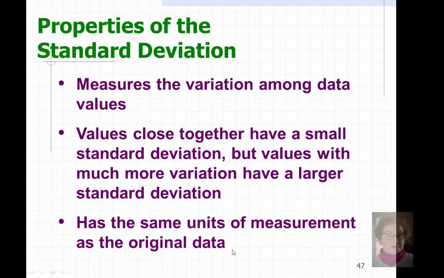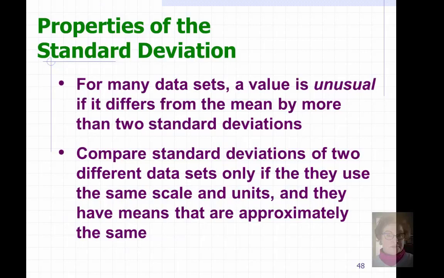And again, standard deviation does have units, the same units as the original data set. For many data sets, unusual means it is either 2 standard deviation units above the mean or 2 standard deviation units below the mean. Only compare standard deviations if they use the same scale in units and their means are approximately the same.